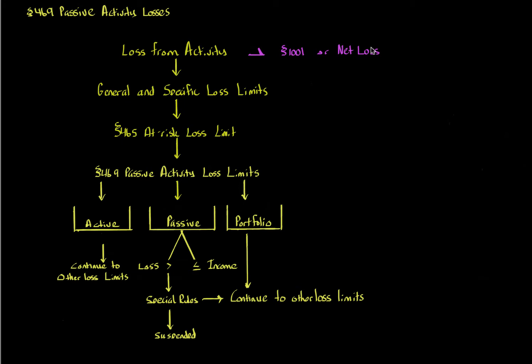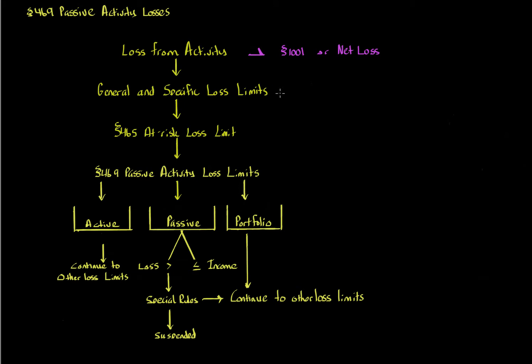Now, going down the line with respect to the various limitations on losses, we next have to consider the general and specific loss limitations. The general loss limitations, that's the big three. Before I go through them, just a brief overview: remember that this is dealing with deductibility of losses. Can we actually deduct the loss on the tax return? So we're talking about deductibility concerns.